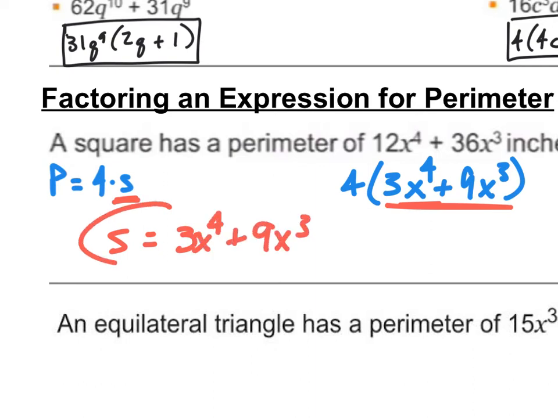Now, the crazy part about this is that we know that we can still factor out an x cubed out of each of these, but what we're trying to figure out is the side length of a square. And knowing that we have 4 sides of a square that are the same, I'm simply just adding this 4 times, hence multiplying by 4.